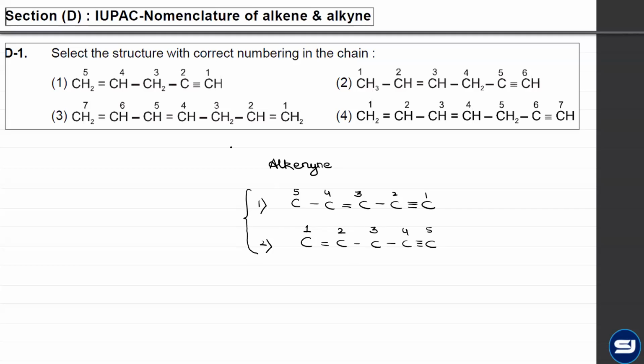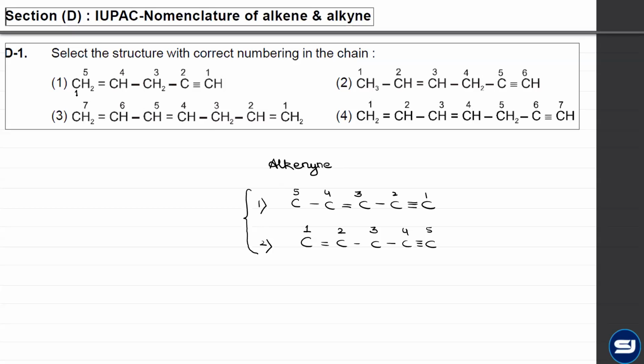Going back to the question, select the structure with correct numbering in the chain. तो पहला वाला correct है कि नहीं? Incorrect. And what is the problem with the numbering? It should start from the left. Because there is a tie. Exactly यही example है.